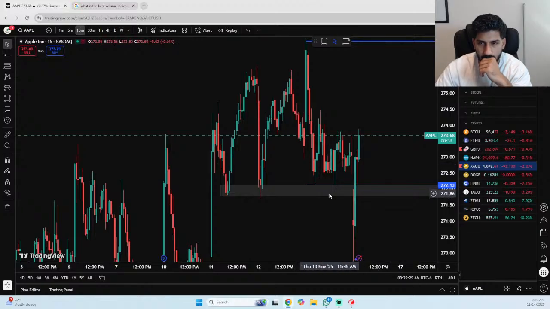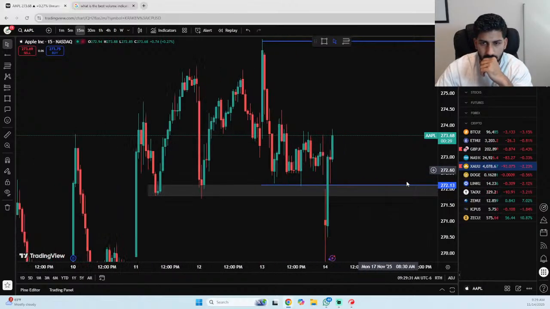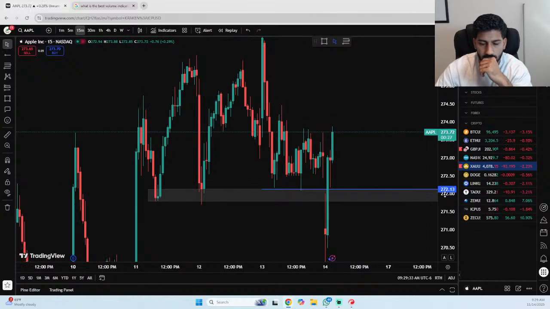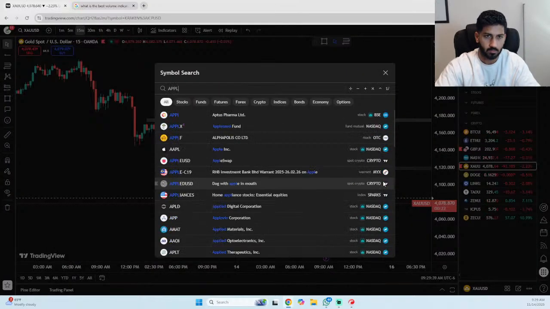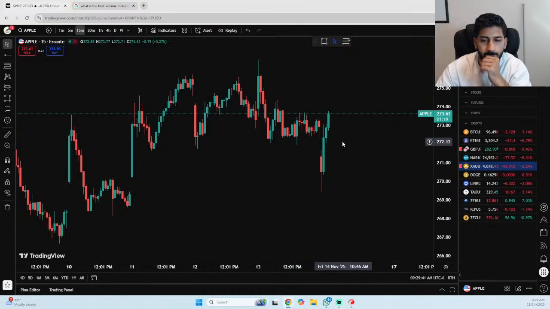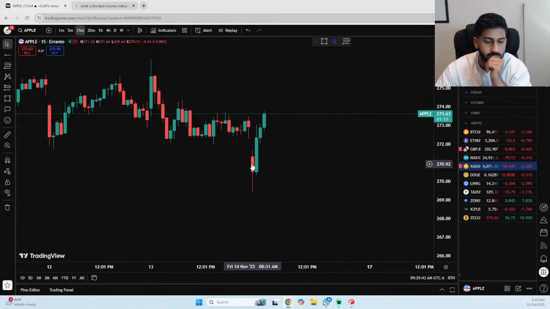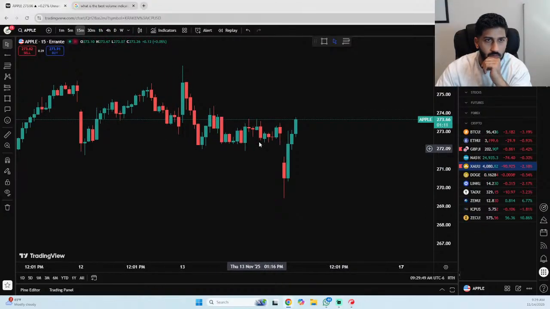So what was the last candle? First, I'll observe that. If you see the red candle at the bottom, this candle here, from yesterday, that I was talking about.